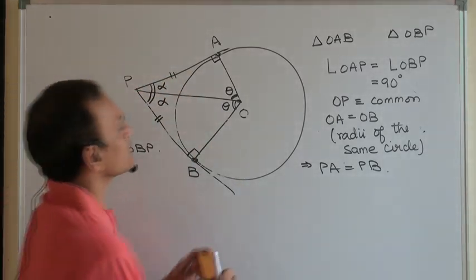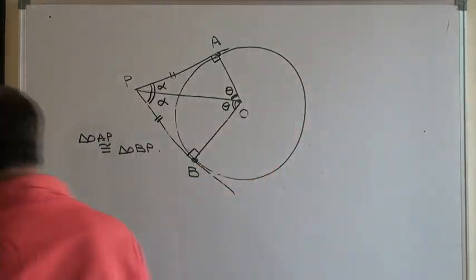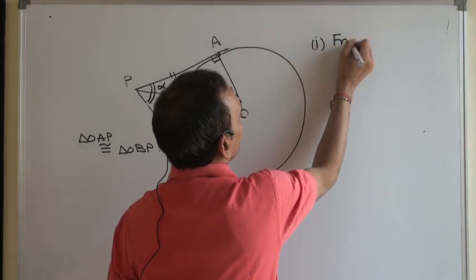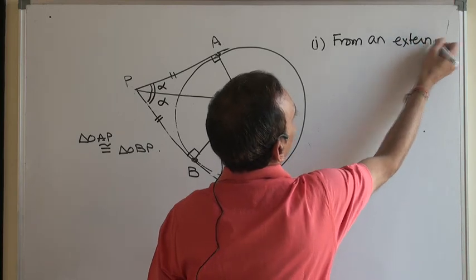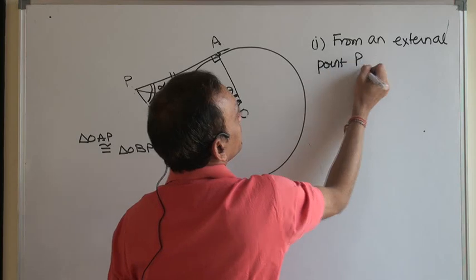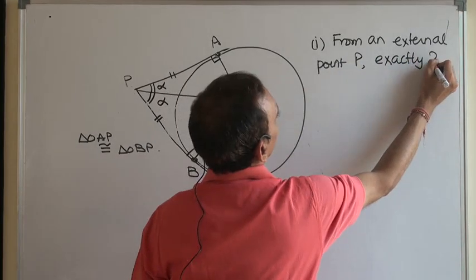So let me just list out the properties that we have learned. One, of course, from an external point P, exactly two tangents could be drawn to a given circle.